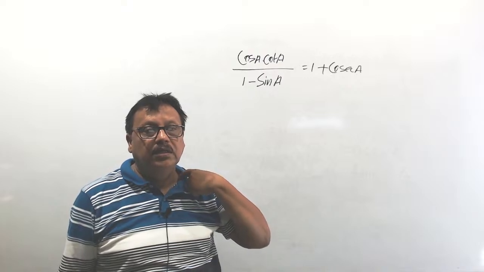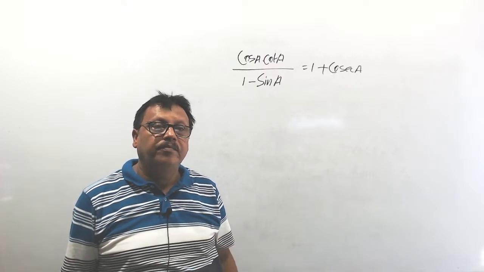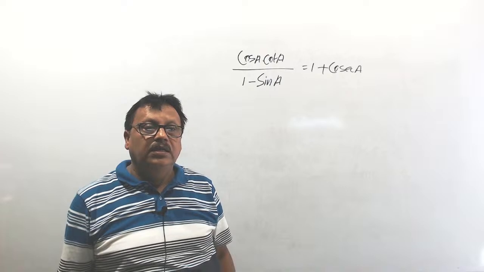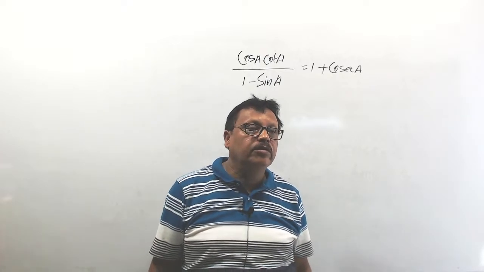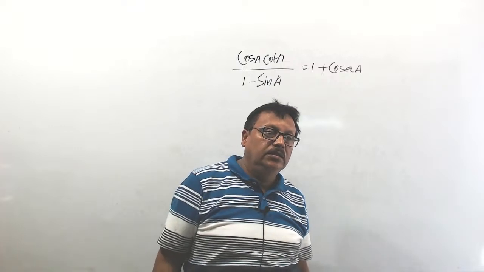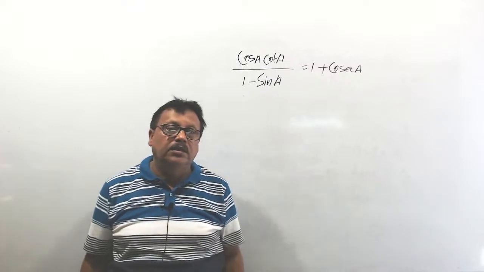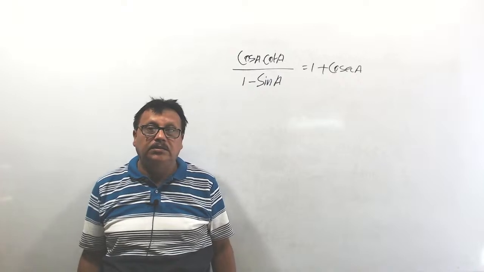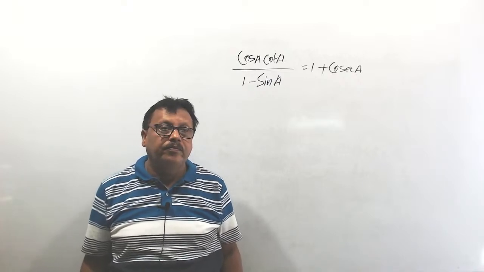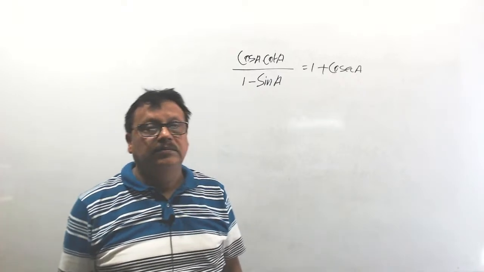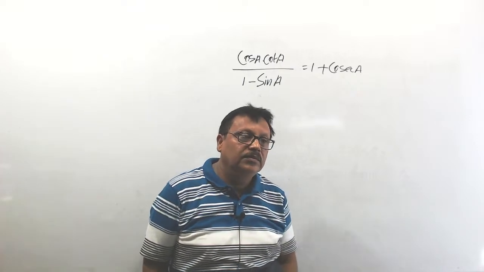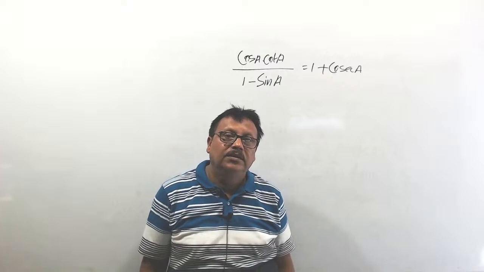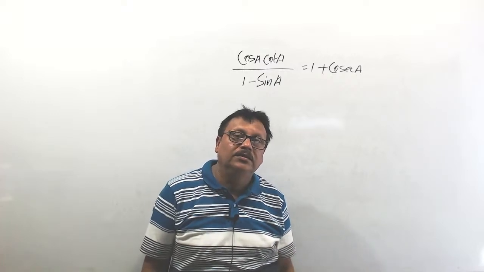Kumar, what is the question? So my question is that cos square 0 plus sin square 0 equals to 1. Yes? Correct. The angle is 0 degree angle. What will be the answer?